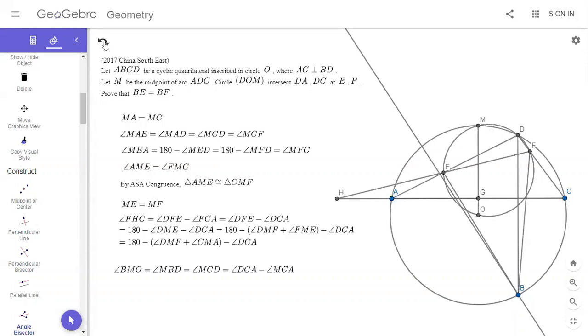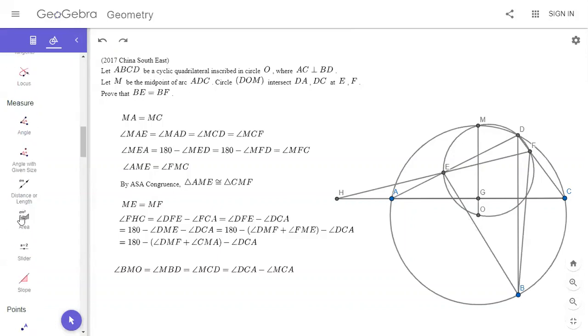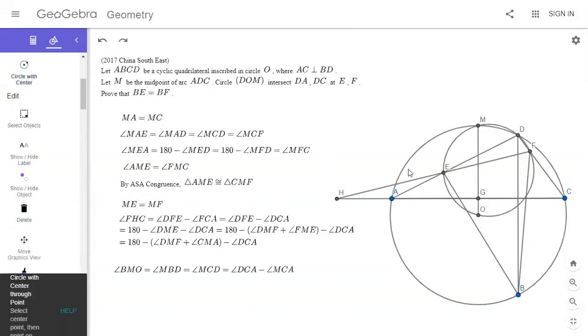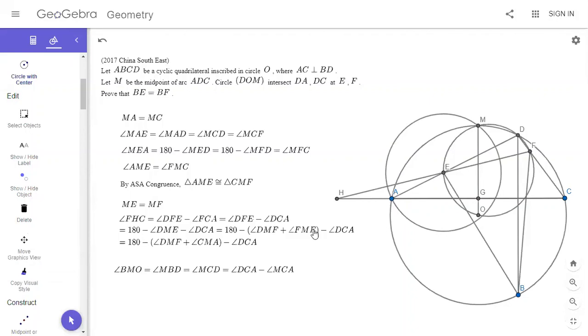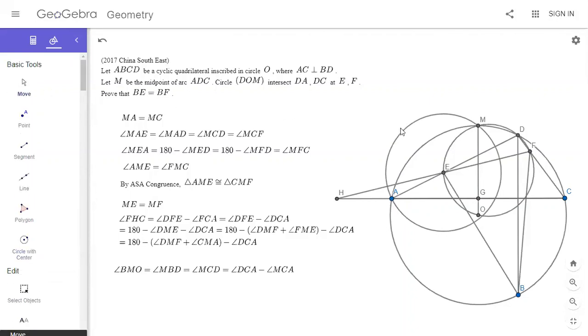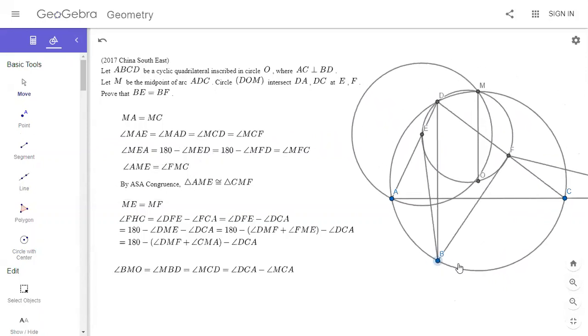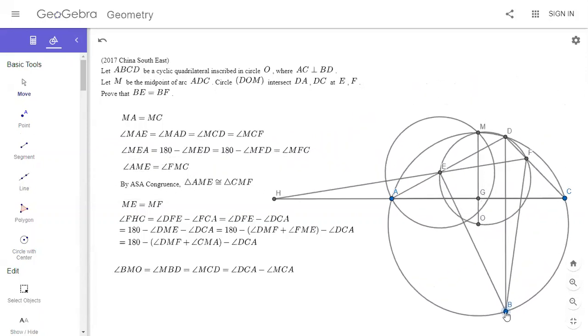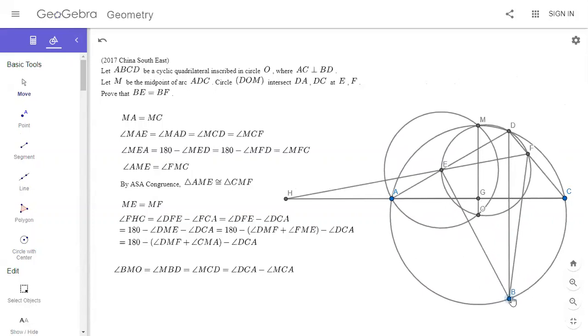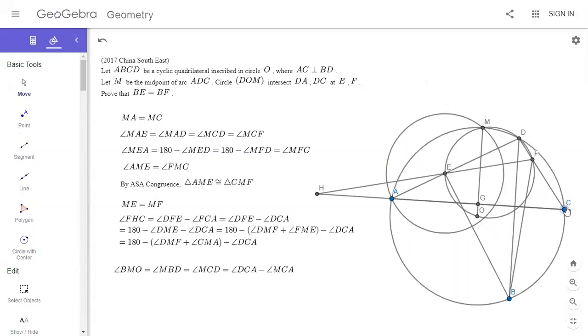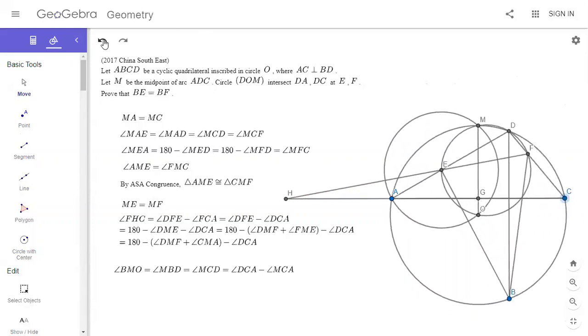Wait, I'm not sure. I'm actually not sure if AM is equal to ME. Maybe it just looked like it. It sure looks like it, though. Let's see. I would be pretty surprised if that wasn't true and just looked true.